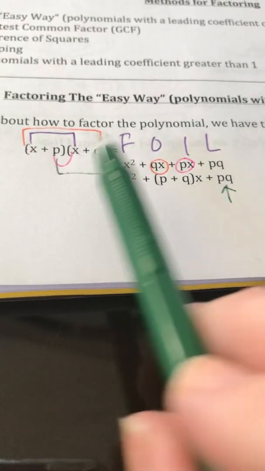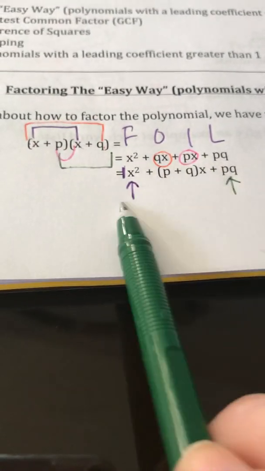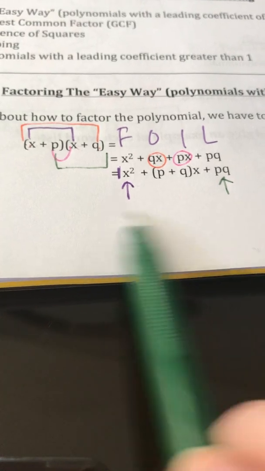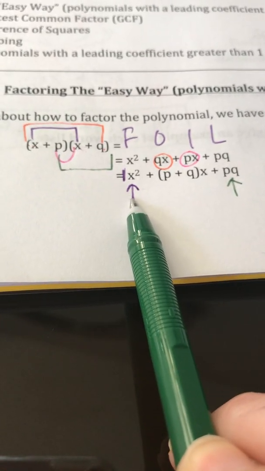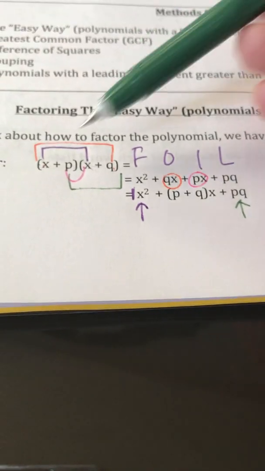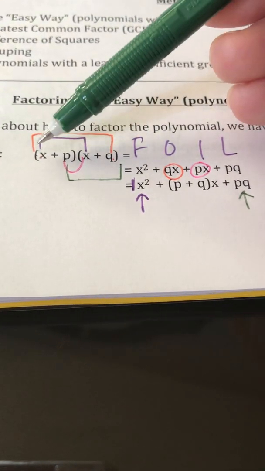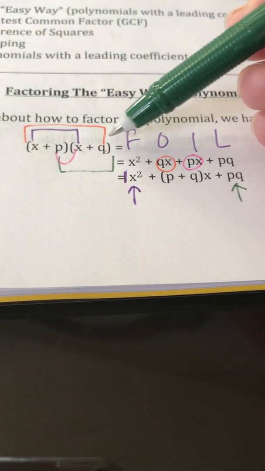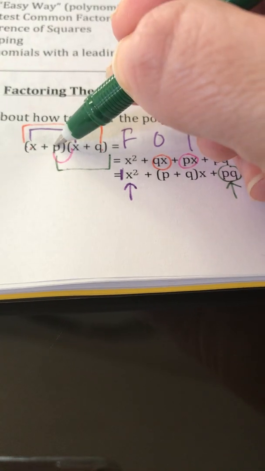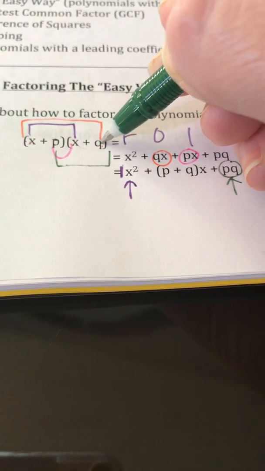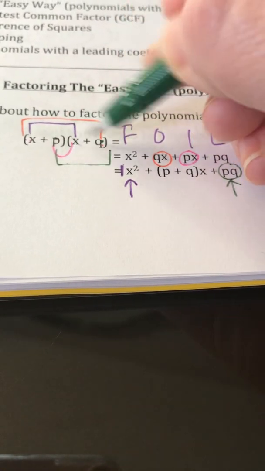So, looking at these two binomials and how they play out here, what we see is that this first term here comes from multiplying these two, which is x times x, which gave us x squared. This last term here is the last part times the last part, the last term of each binomial.